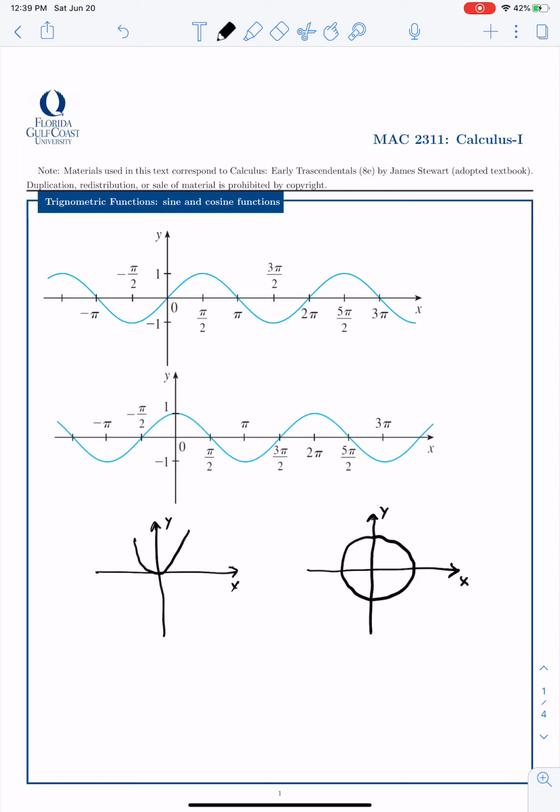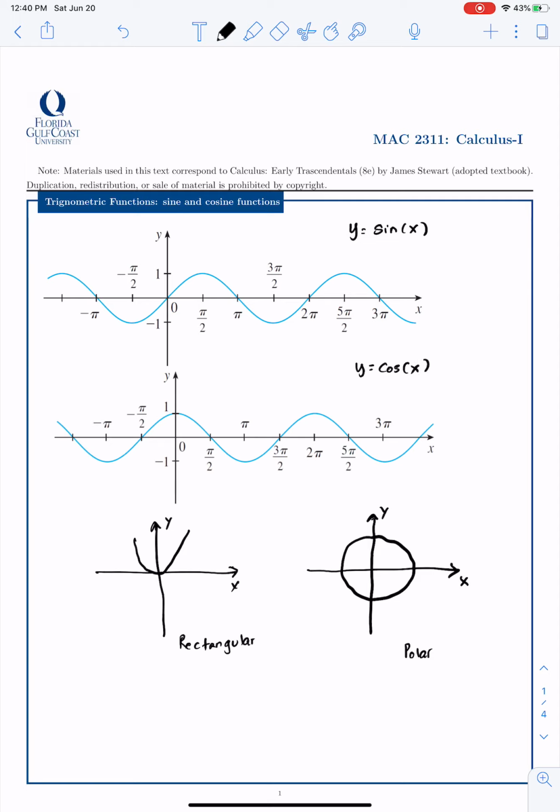So I'm going to make a connection between the polar coordinate system right here to rectangular, and as I move along the unit circle, I'm going to generate the sine function, which is y equals sine of x, and the cosine function, y equals cosine of x.